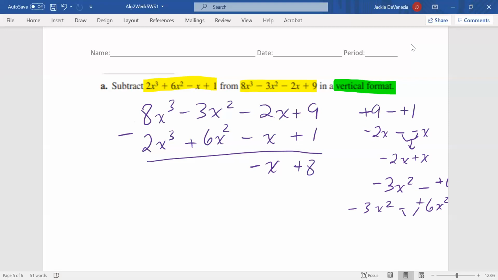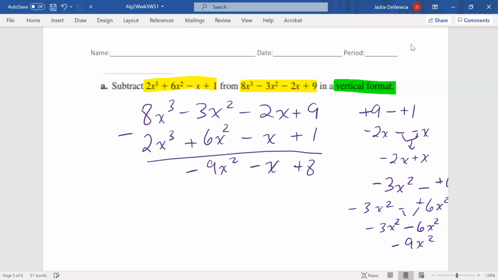A minus and a positive will just give you a minus 6x squared, and the negative 3x squared. When you combine these two together, you're going to get a negative 9x squared.